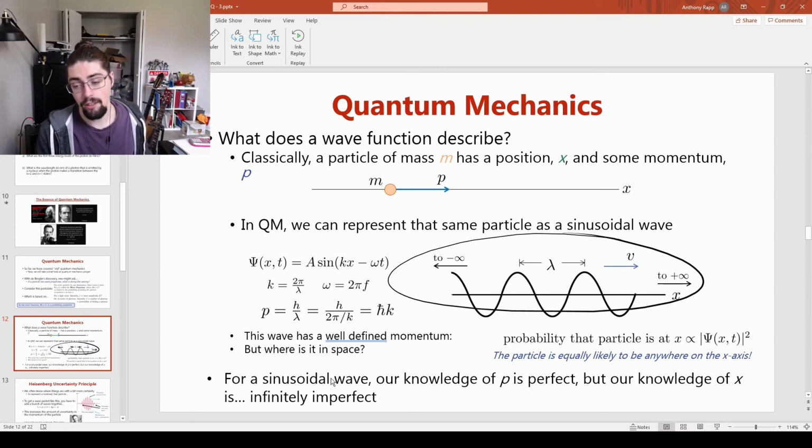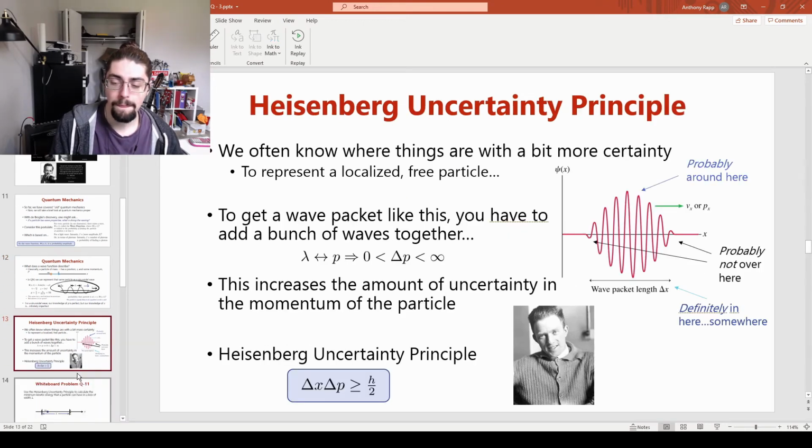And in a case like this, we know exactly how this thing would be moving because we have a definitive description of how it's traveling. But in doing so, we have lost any sort of knowledge about where it might be. And this is interesting. And this is actually a really important concept.